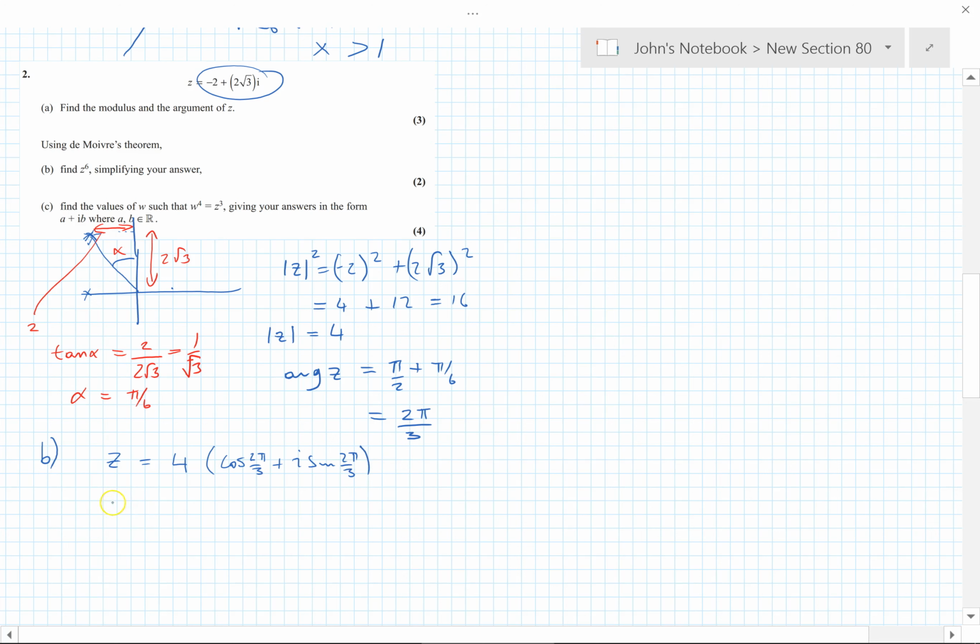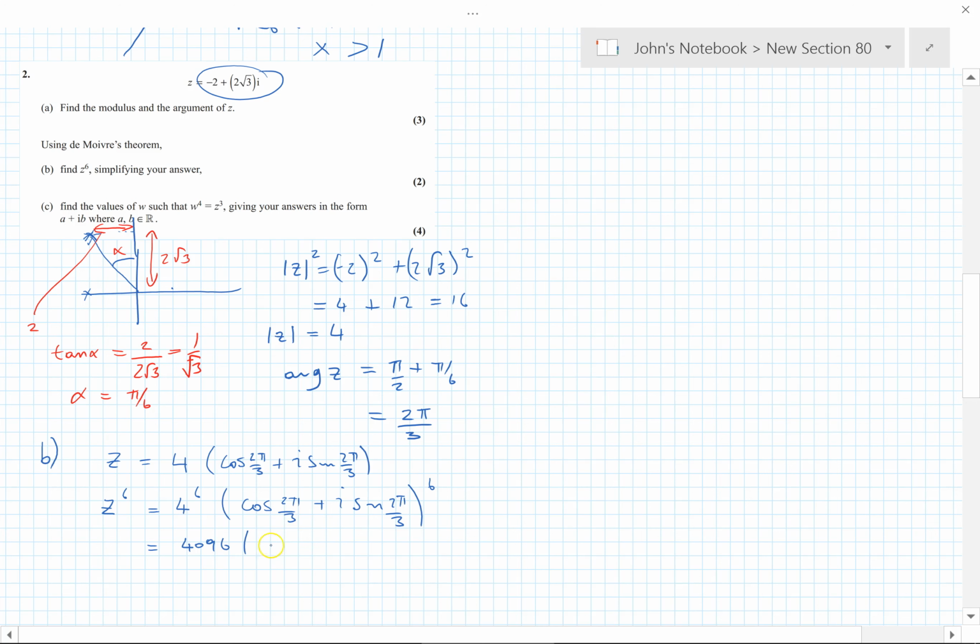Okay, so we want that to the power 6, so z to the power 6 is equal to 4 to the power 6 times cos 2 pi over 3 plus i sine 2 pi over 3, all to the power 6. 4 to the power 6 is 4096.